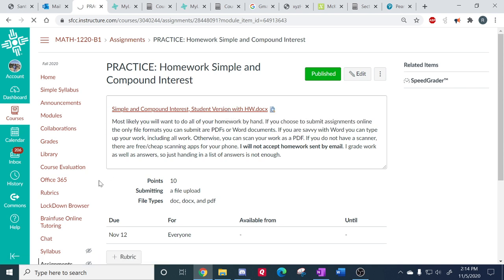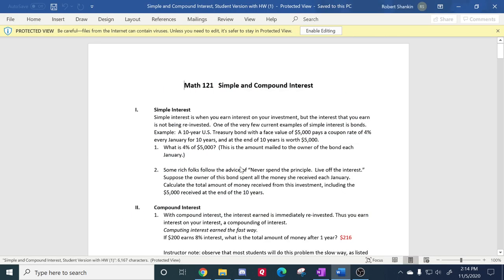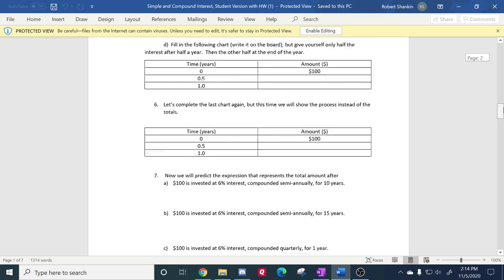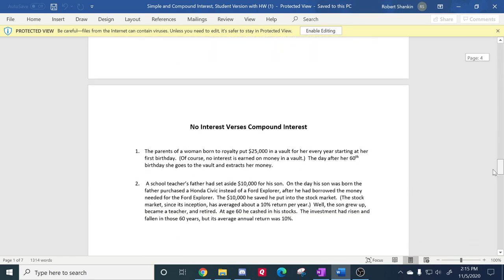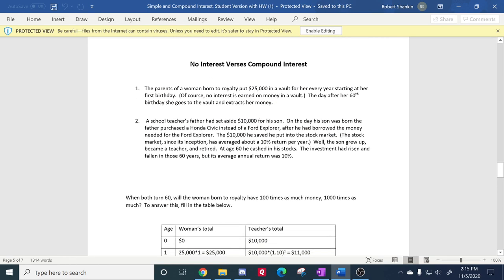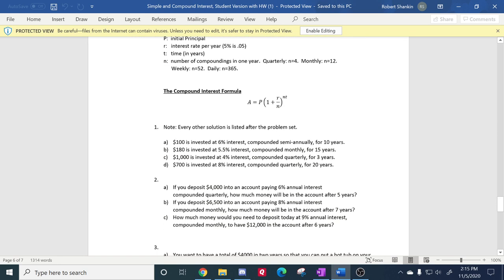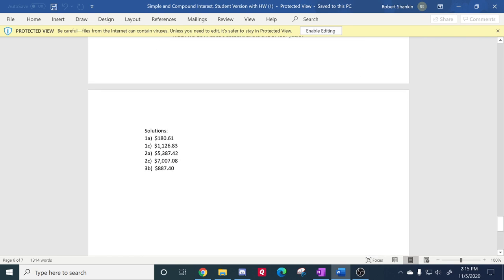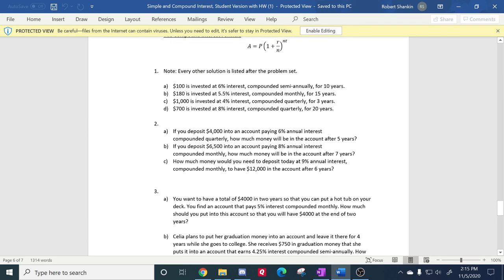So if you click on this, downloads, and this is the clean version, won't have renumbered stuff. It's all this stuff that we did in class, all here, correctly numbered, and has even the woman versus the teacher's son, and it has these problems. And this is your homework. To do these problems and then check certain ones where the answers are given.